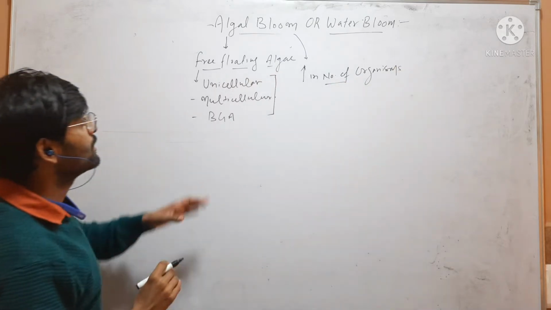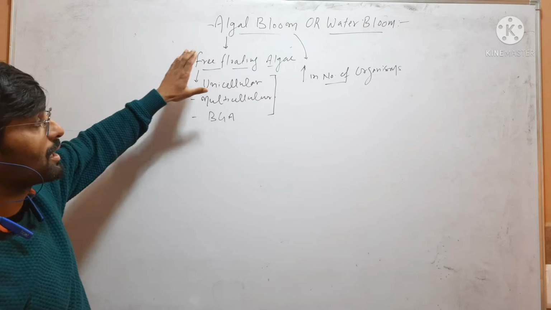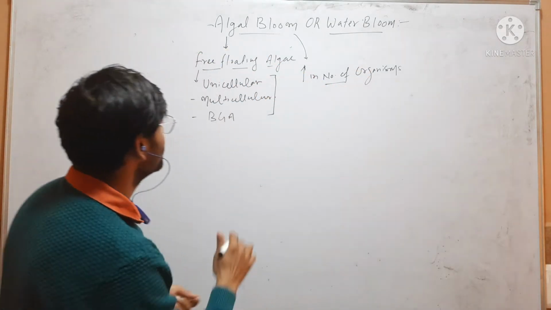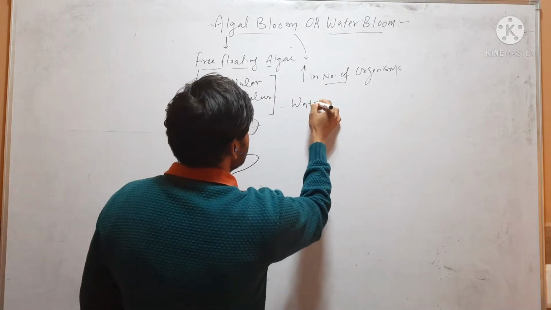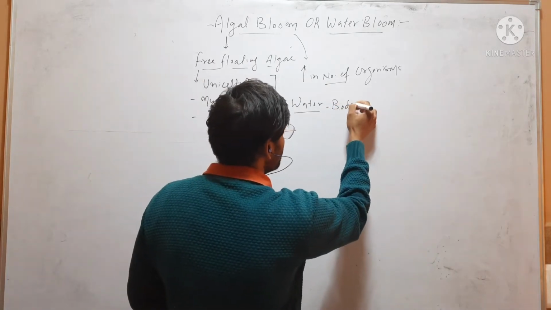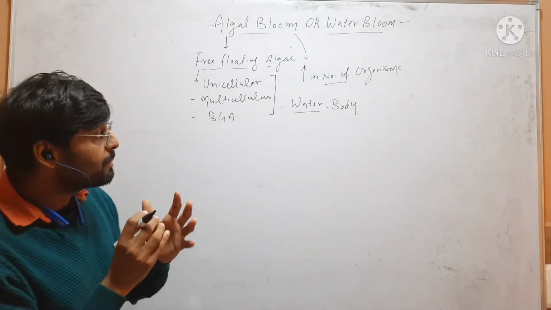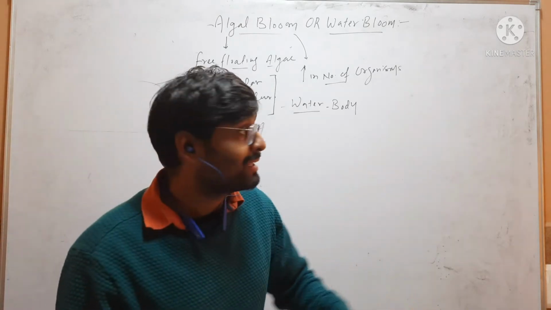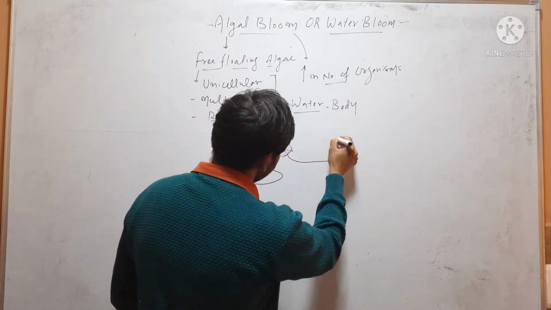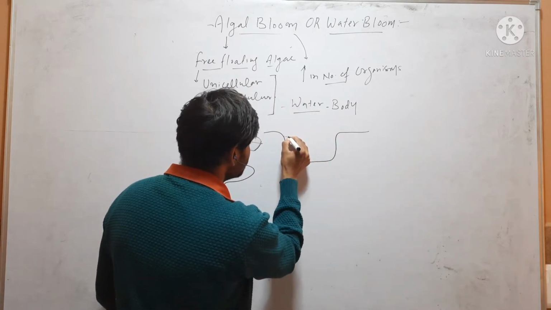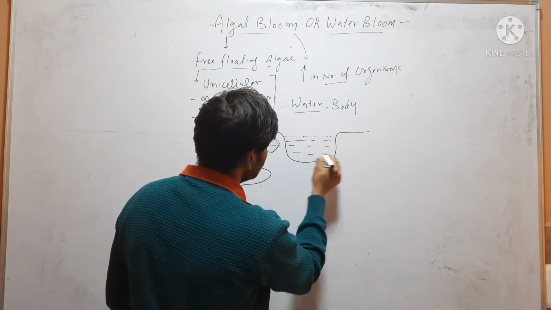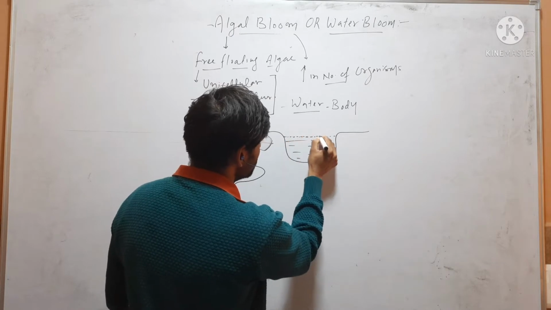So when these free floating algae increase in numbers in a water body, because free floating algae are aquatic, then suppose this is a water body and this is its surface, it contains water and this is the surface of that water body.